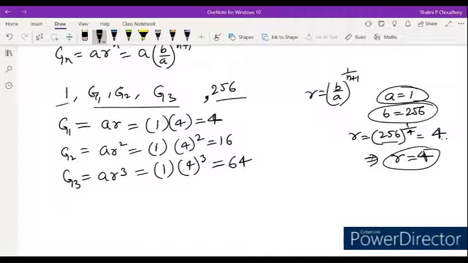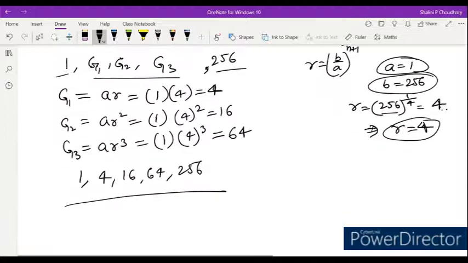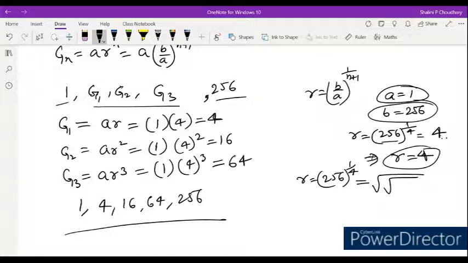So the GP is 1, 4, 16, 64 and 256. Okay, so these are the numbers. Now one more thing: when we find r equal to 256 to the power 1 upon 4, basically what we are doing is taking the square root of 256.